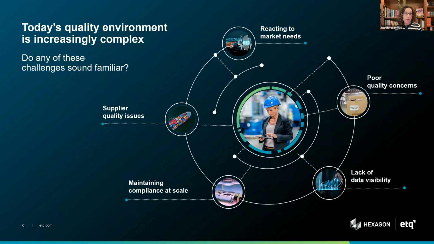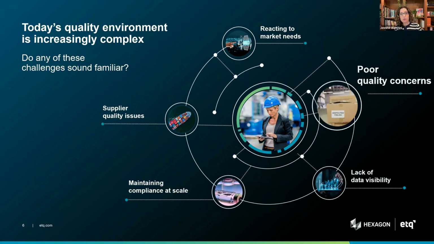Okay, but for today's conversation, we're going to narrow in on the cost of poor quality because it's one of the biggest struggles we hear about consistently from our conversations with manufacturers and customers. And this is where we see the greatest opportunity for immediate improvement in ROI.